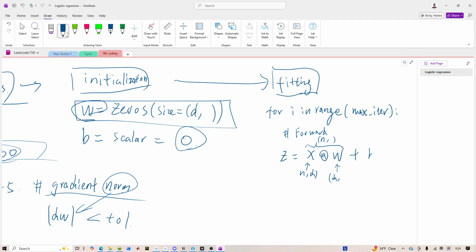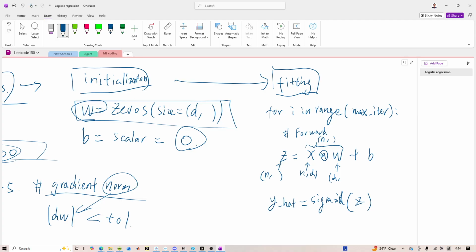And then plus the b, which is the scalar broadcast. The z would end up to be shape n, and then the y hat is equal to sigmoid z.